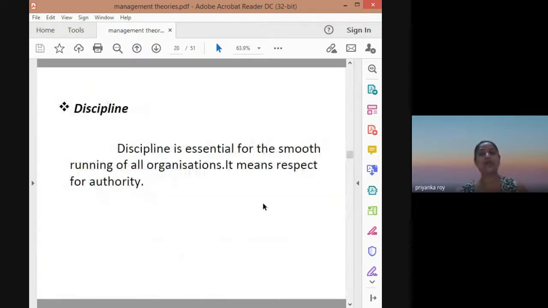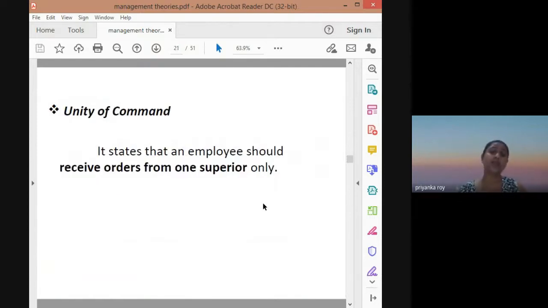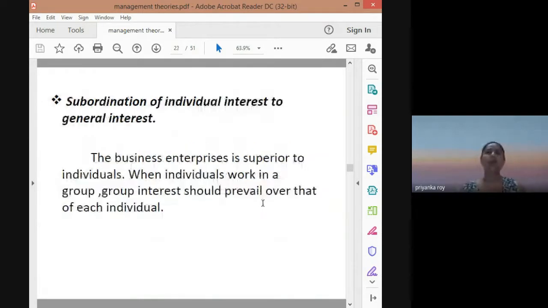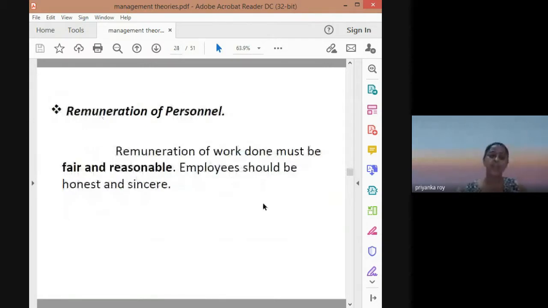Discipline has to be asserted for the smooth running of the organization. Unity of command: receive orders from one supervisor only, and there should be unity of direction. In one direction they should all be working together. The subordination of individual interest to general interest also has to be taken care of.